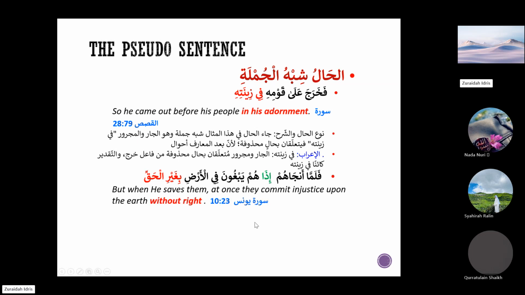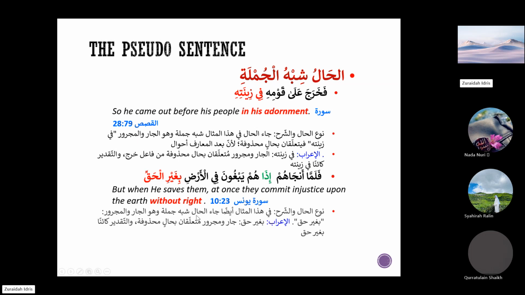When He saves them, at once they commit injustice upon the earth without right. Maybe this is the case of those in the seas, when they are in the storm and pray and ask help from Allah. But as soon as He brings them to safe shore, they forget again. This is what we humans tend to do. Subhanallah.